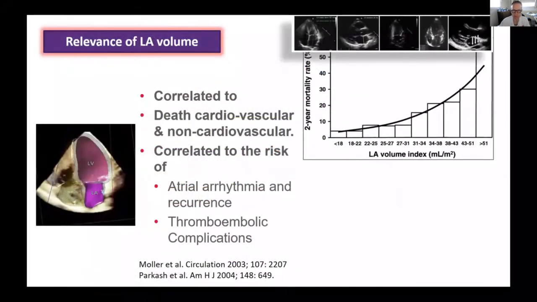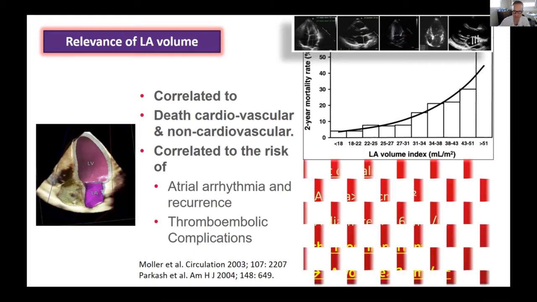But first of all, you have to start by looking at LA size, and it's very important to report the size of the LA in every single patient. We know that the size of the LA is correlated with the risk of cardiovascular and non-cardiovascular deaths. We know that it's associated with the risk of arrhythmia and the risk of thromboembolic complications.